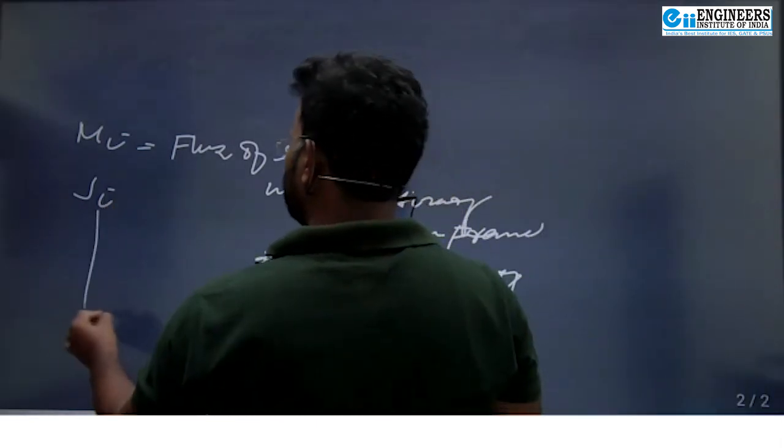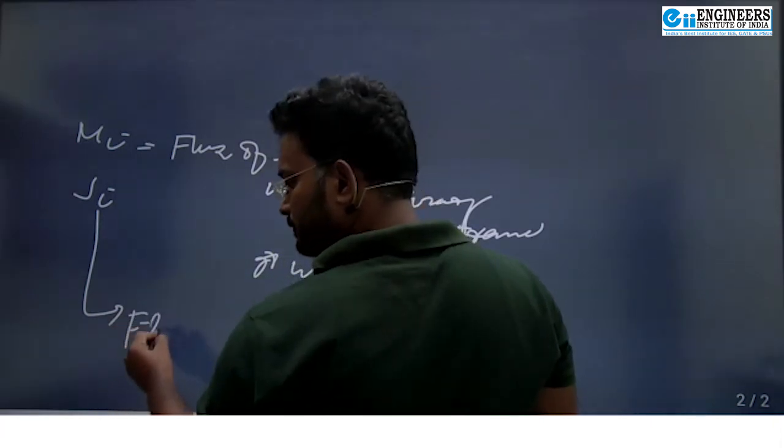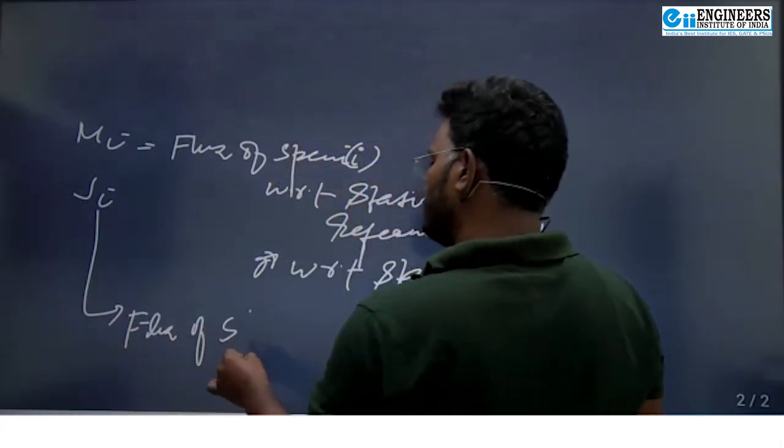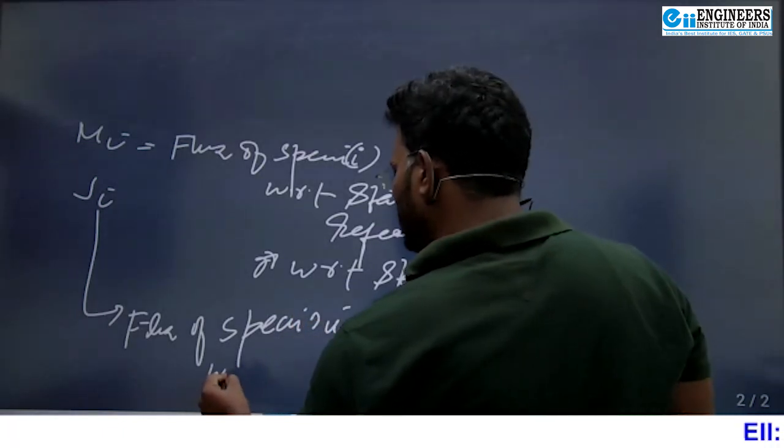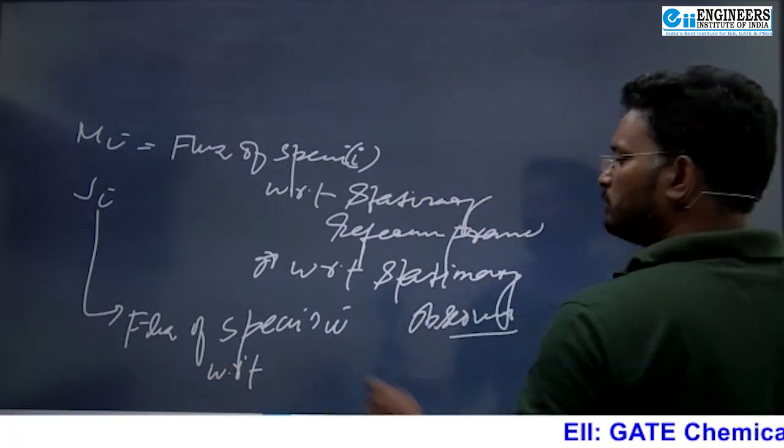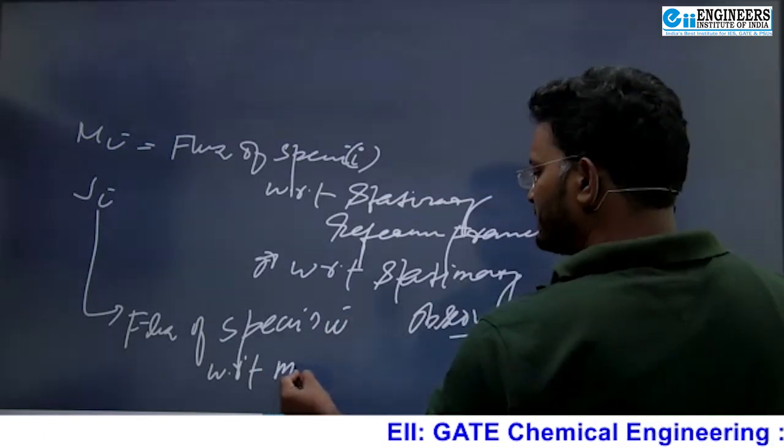Now Ji is the flux of species i with respect to a moving reference frame.